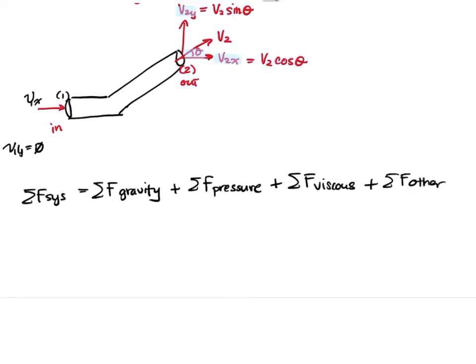I'm going to write a couple of examples on the bottom here. The sum of forces on the system, this is true in either the X or the Y direction, regardless of the direction.